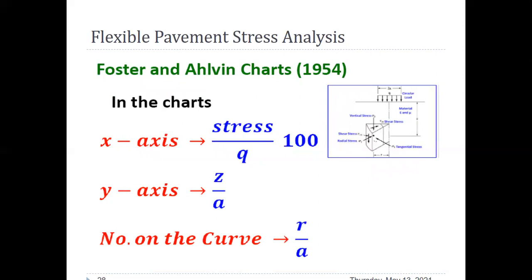If you look at this chart, the charts have different parameters. On the x-axis, it reads stress over Q into 100. On the y-axis, you have Z over A. And there are curves, and these curves are based on R over A. So let's see that chart.